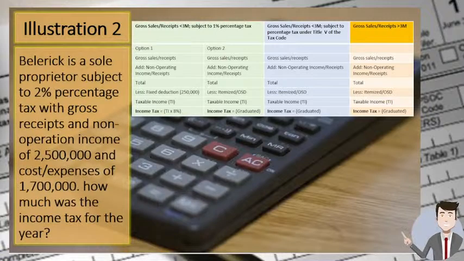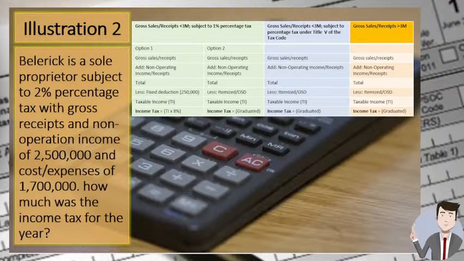Okay, Belleric, a sole proprietor subject to 2% tax with gross receipts and non-operating income of 2,500,000 and cost and expenses of 1,700,000. How much was the income tax of Mr. Belleric for the taxable year?